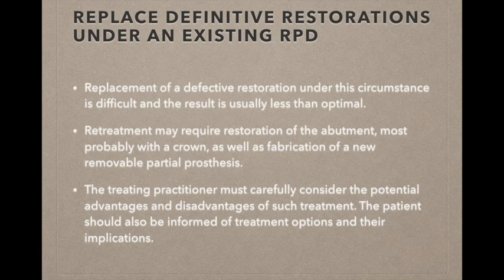For example, if the patient has a maxillary RPD with tooth number 5 having a mesial occlusal rest, and the patient has new caries on tooth number 5, after removing the caries, tooth number 5 will need a new restoration. Some patients might ask if you can do a restoration just to retrofit the existing RPD. It may happen, but it's very difficult.